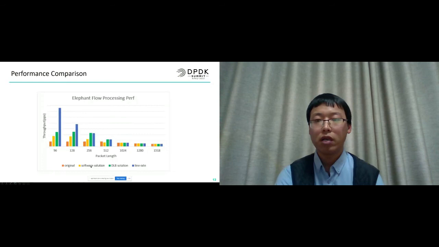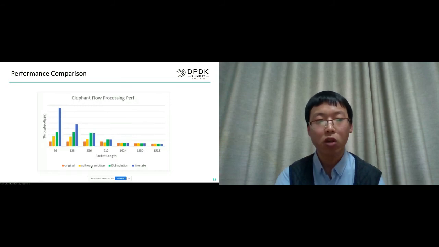And we improved the state-of-the-art elephant flow detection algorithm, and we leveraged Intel's new load balancer accelerator DLB to reduce the overhead. And we use a dedicated packet and buffer pool in the pipeline to avoid side effects to the other workers. And we use the prefetch and cache demote instructions to handle the cache misses.